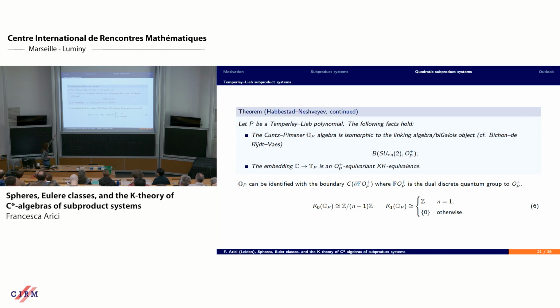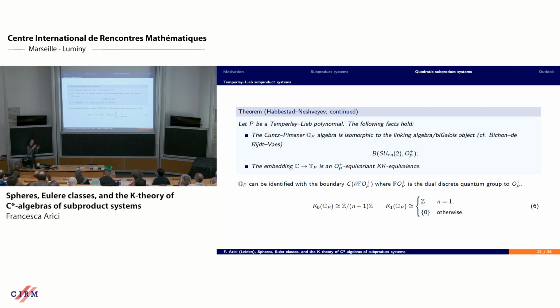They also proved that the embedding of the complex numbers into the Toeplitz algebra is a KK equivalence, like we did, but they proved it with an O_F^+ equivariance. And they used Baum-Connes for SU_q(2) for proving this. So they had a much shorter proof than we had. And using that, they also remarked that the Cuntz-Pimsner algebra is the boundary of the dual discrete quantum group of the free orthogonal quantum group.